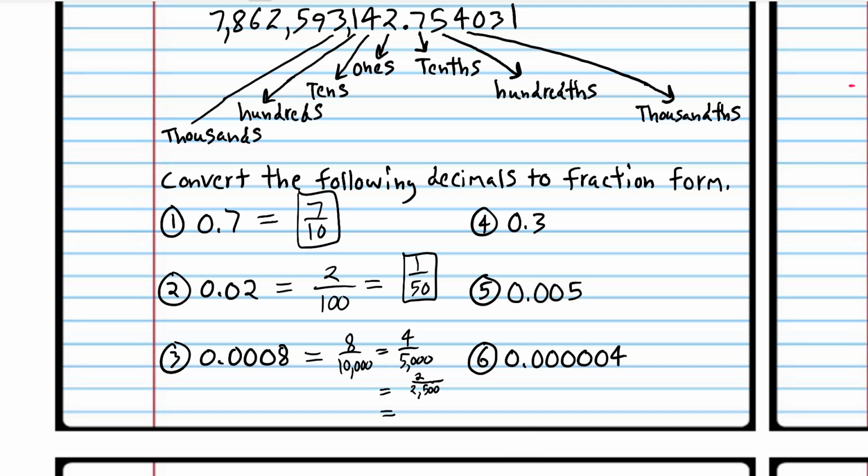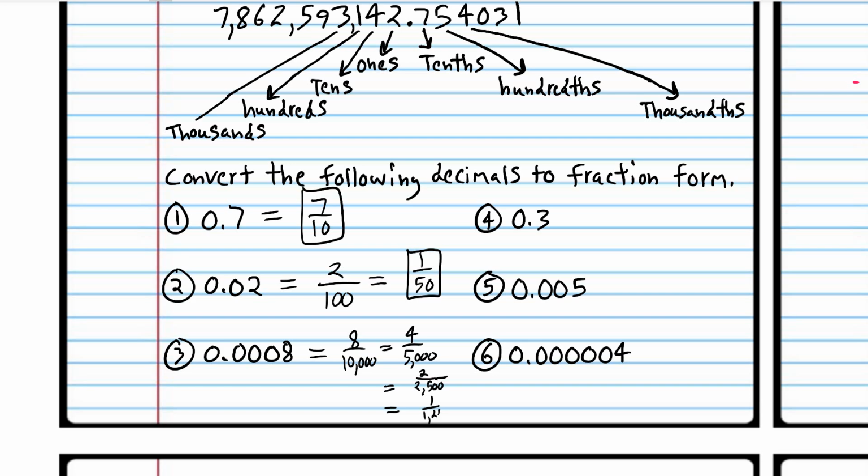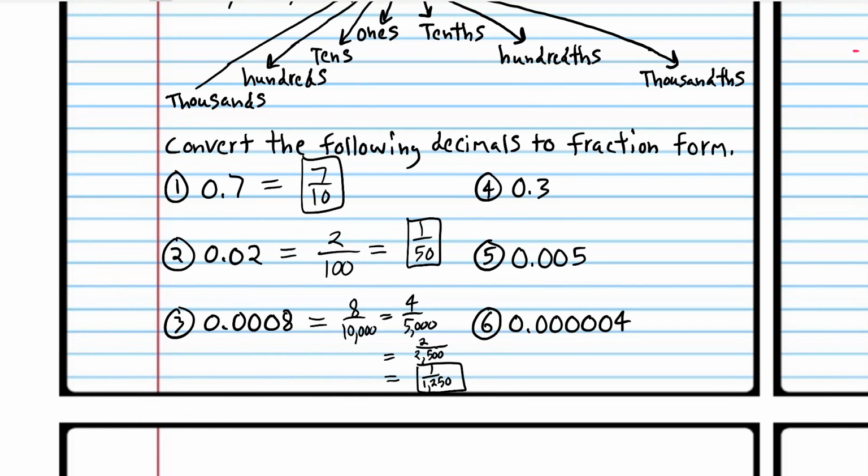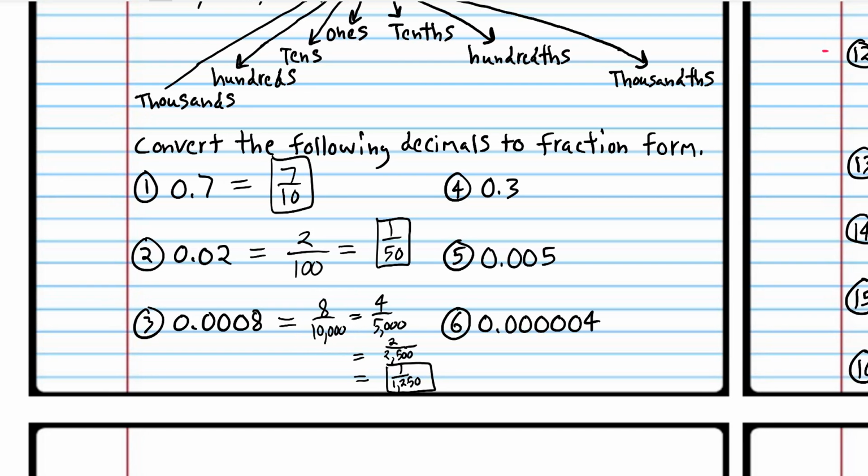And you divide both sides by 2 again, you get 1 over 1,250. Now you could have gotten there faster if you divided by the greatest common factor, which I think would be 8. But learning how to reduce is not really the purpose of this class. So don't worry about that.